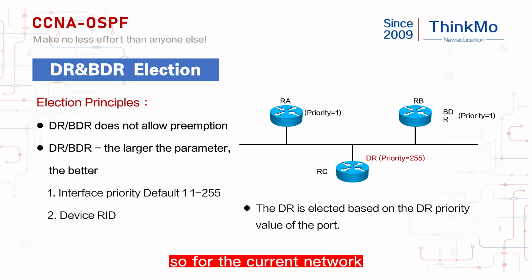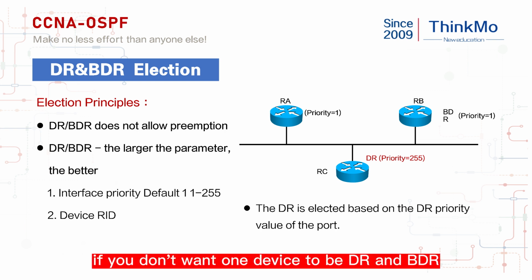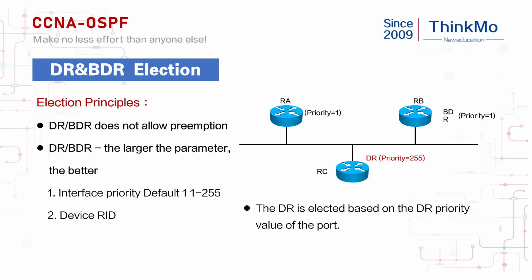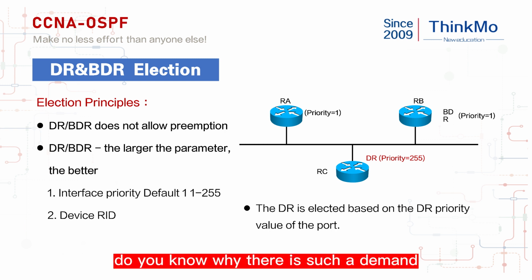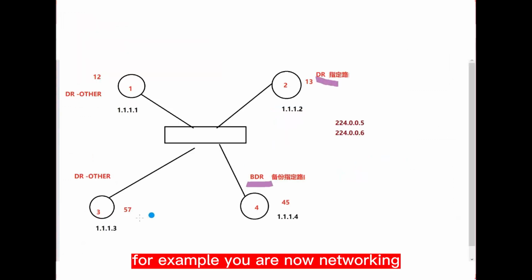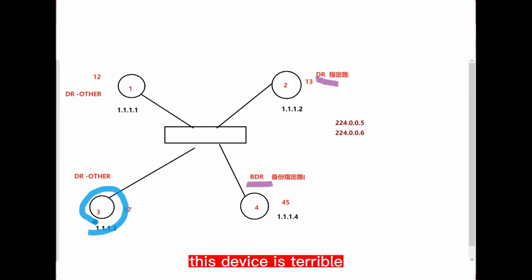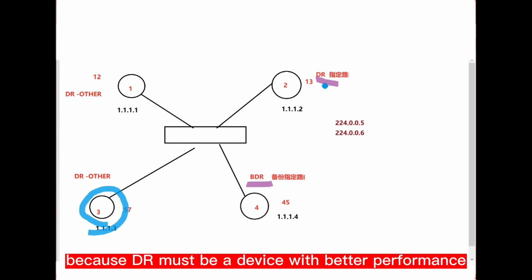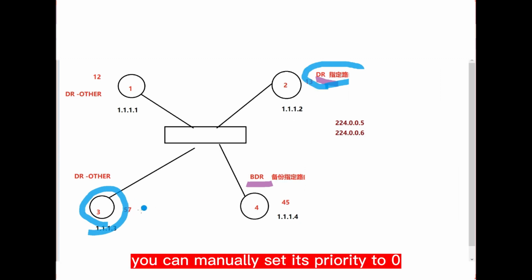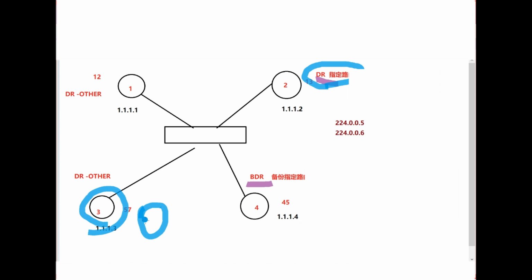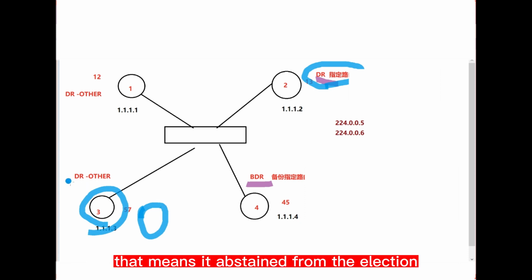So for the current network, if you don't want one device to be DR or BDR, do you know why there is such a demand? For example, you are networking with these 4 devices and this device is terrible. You don't want it to be a DR, because DR must be a device with better performance. You can manually set its priority to 0, which means it abstains from the election.